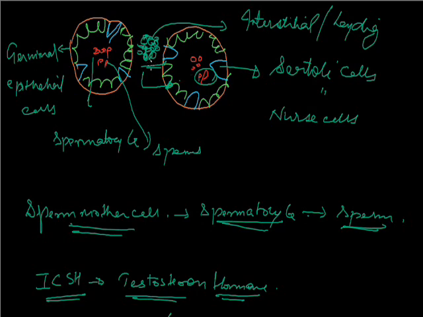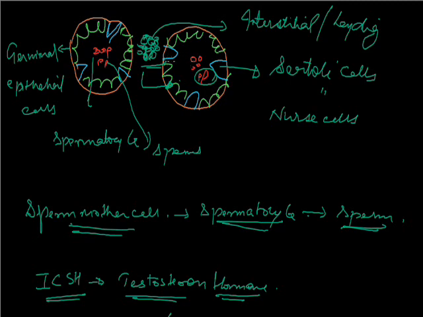It means the testosterone hormone is also taking part in the formation of the sperms. Otherwise, what will happen if the testosterone hormone is not secreted? It will not go inside, and these cells will not get induction to divide, and finally the sperm will not be formed. This is the main function of the interstitial or the Leydig cells.